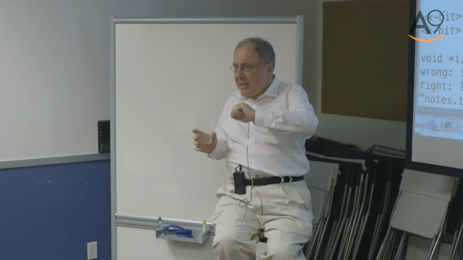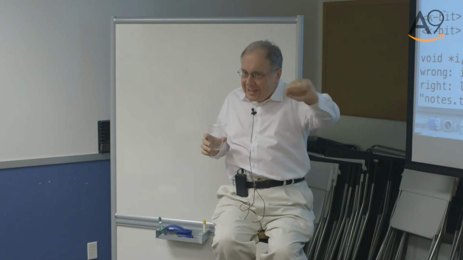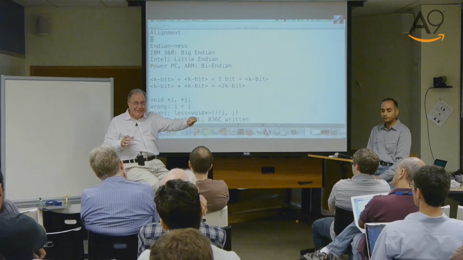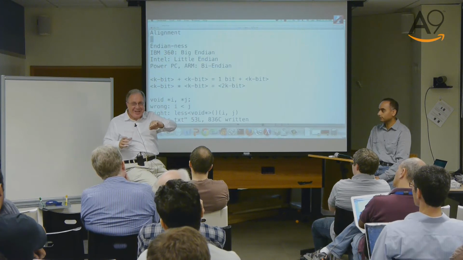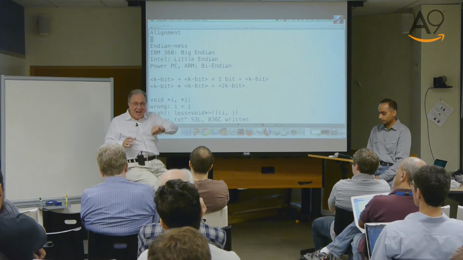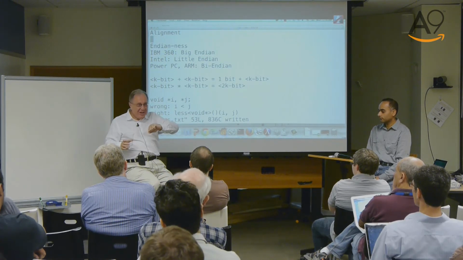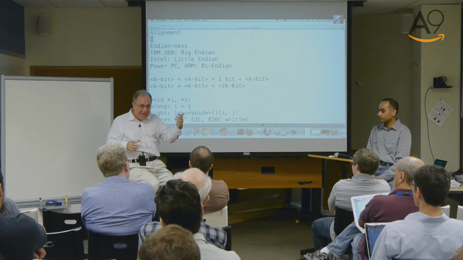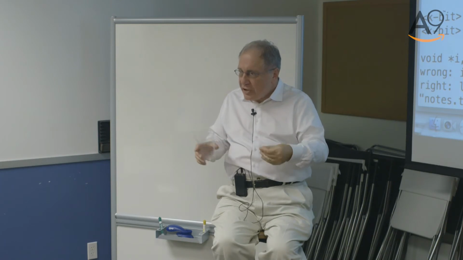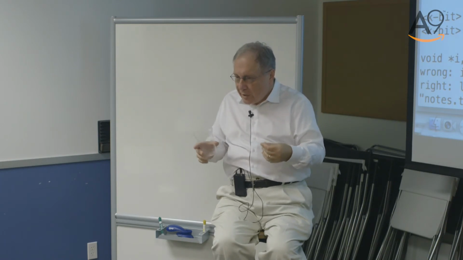What we will discover is that branches are really the killers, not unaligned loads and stores. You could trade unaligned loads for branches and get huge performance gains. We will look at it later in the course. So in any case, alignment of integers is another property which you need to know.